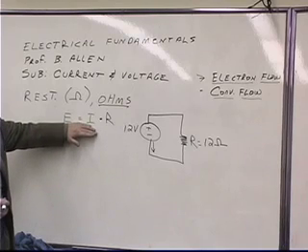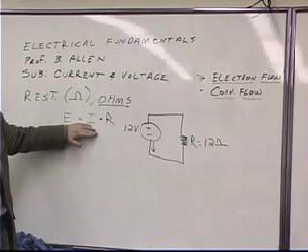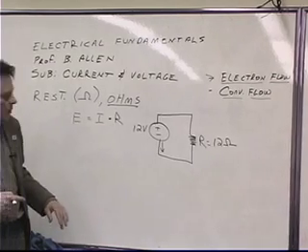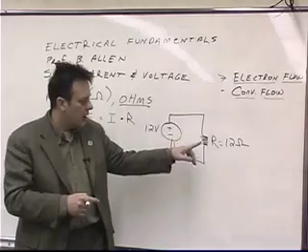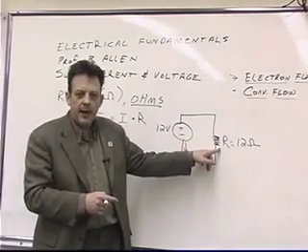If we were to apply the most fundamental equation from Ohm's law to this circuit right here, and we wanted to know what the voltage drop was going to be across this battery.